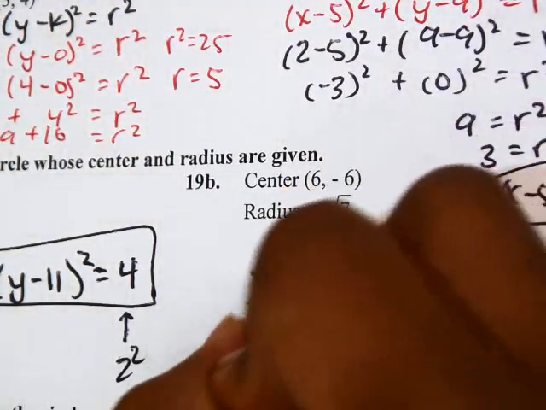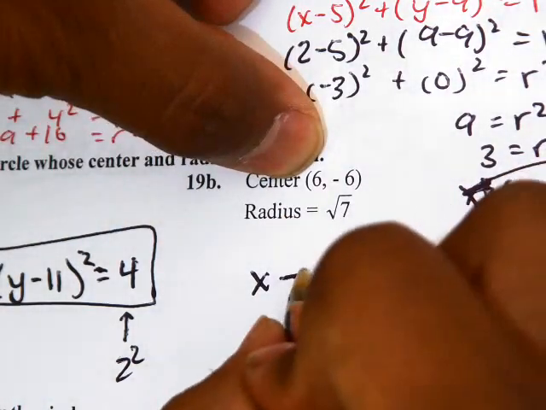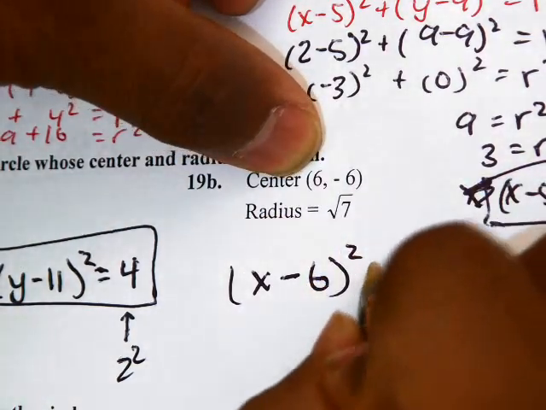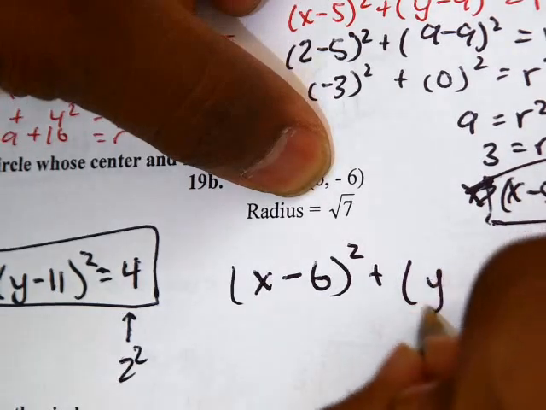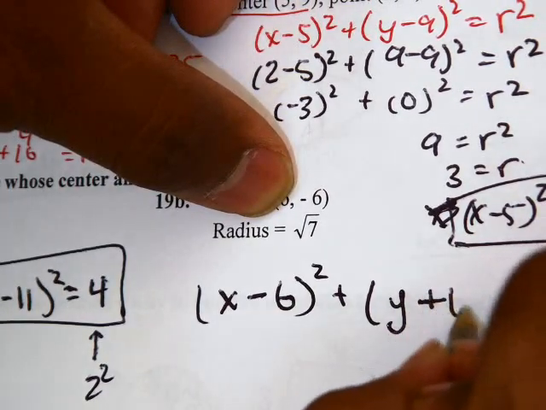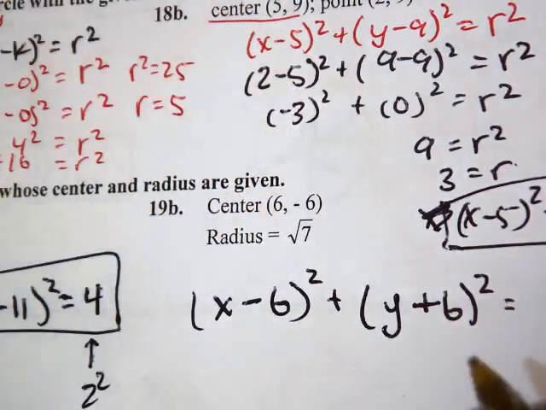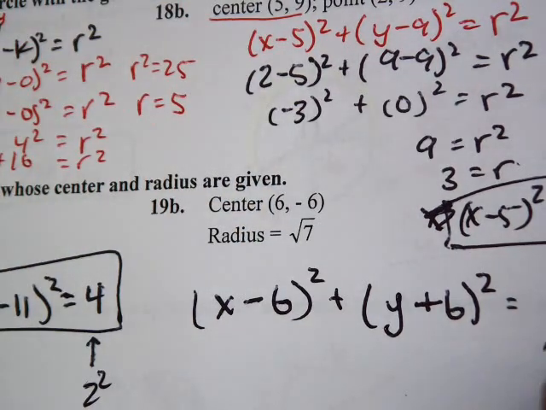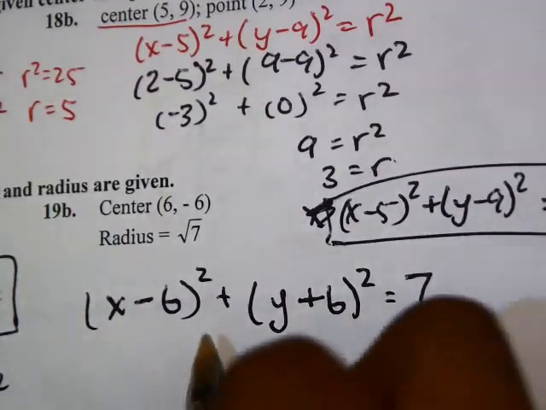I have to write (x minus h, which is 6) squared, plus (y minus negative 6). Minus negative 6 is going to change this to a plus 6 squared. And I need to take 7 squared, which is just 7 back.